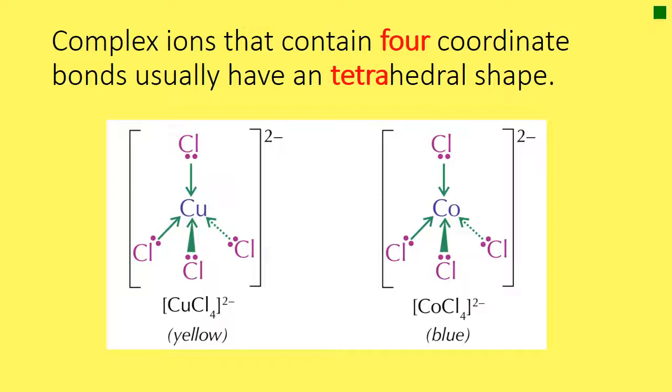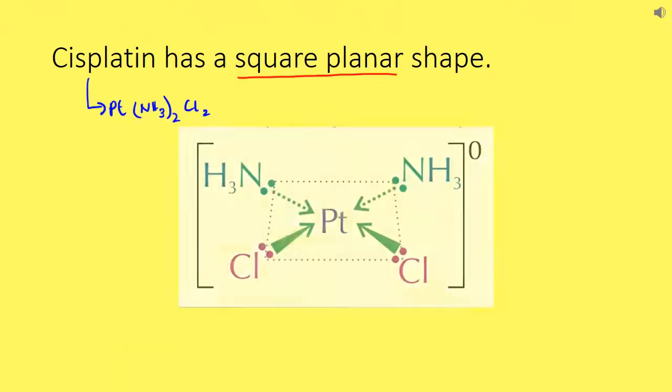Let's have a look at the other possible shape for a 4 coordinate bond complex. So the other possibility for the shape of a coordination number 4 complex ion is a square planar shape.